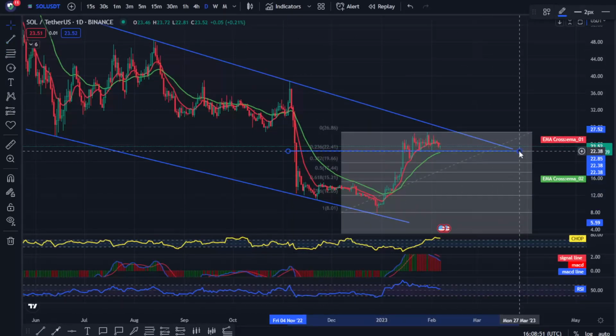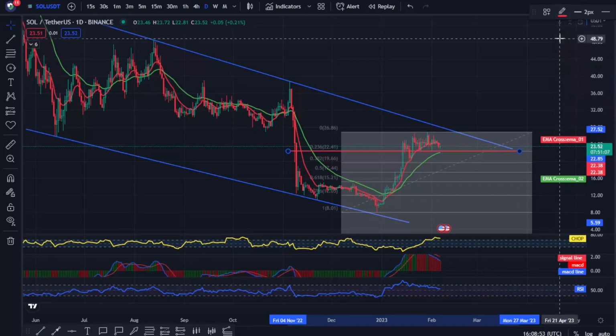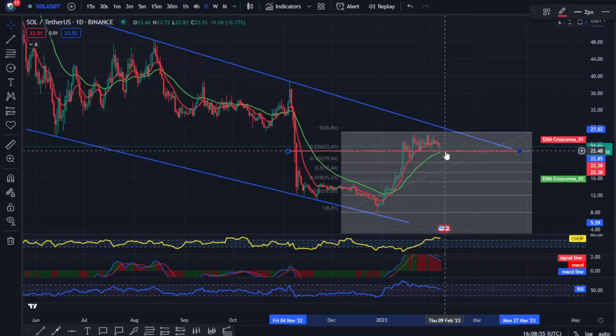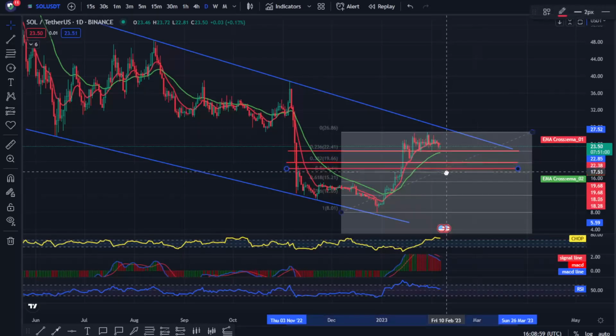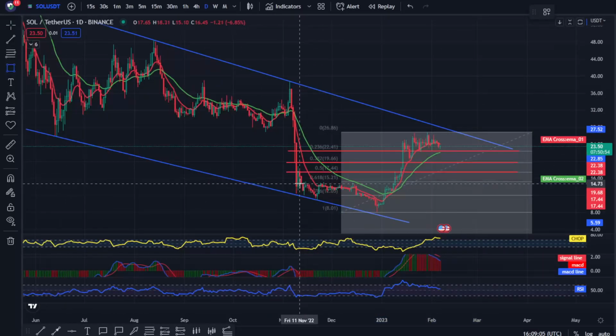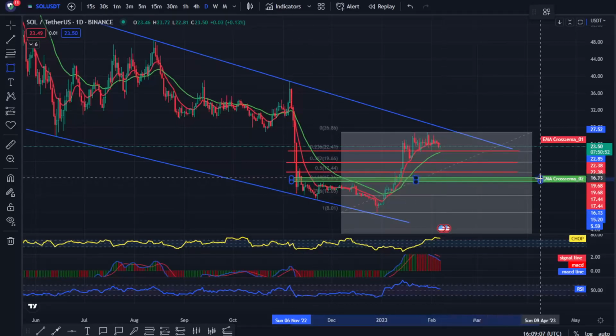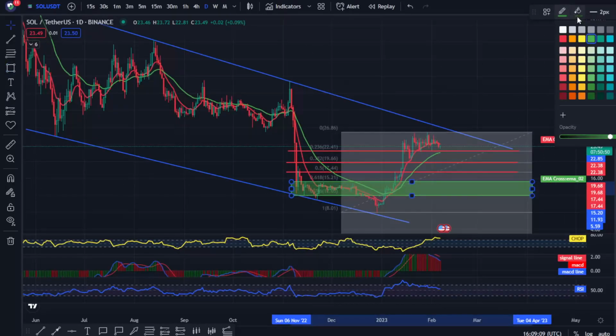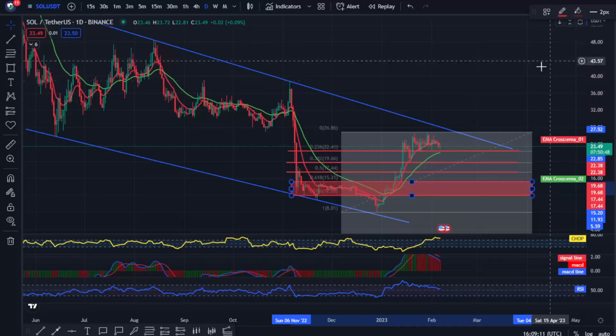And here, the first support is at $22.38, the second support is at $19.68, the third support is at $17.44. And then we have a strong support zone from $15.20 to $12.